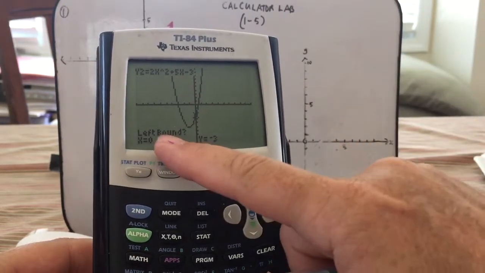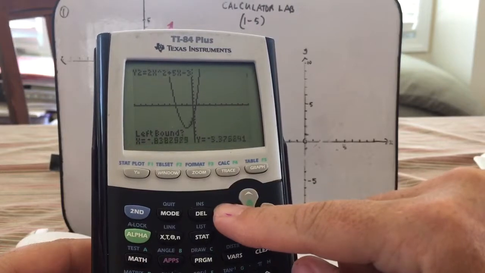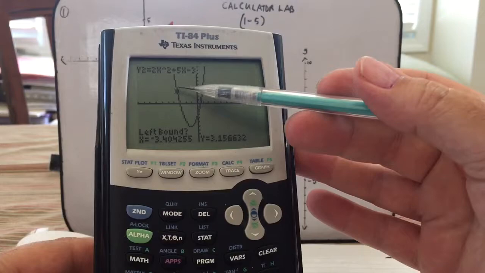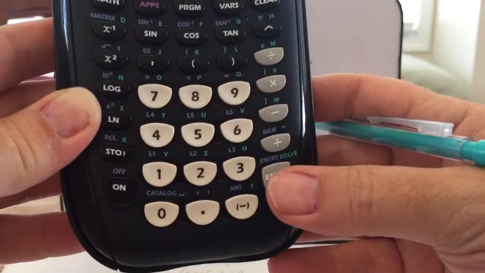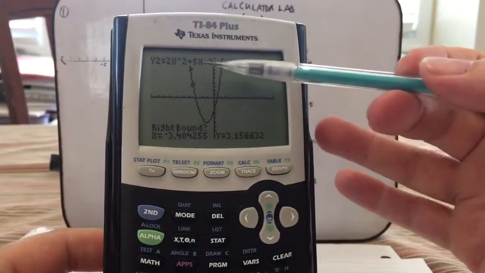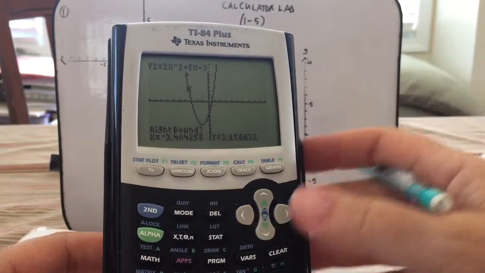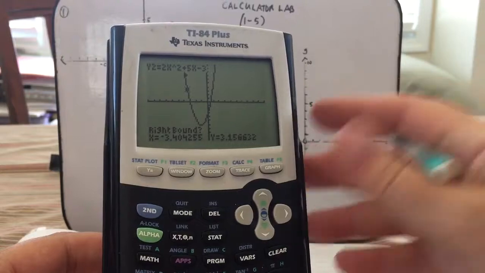So once again, it's asking me what's the left bound I want, so I'm going to scroll to the left so that I get to the left of this point, which in this case happens to be above the x-axis. I'm going to enter that, and I'm seeing my arrow to say, okay, you want me to look to the right of that? What's your right boundary? And this again is just where my cursor is.